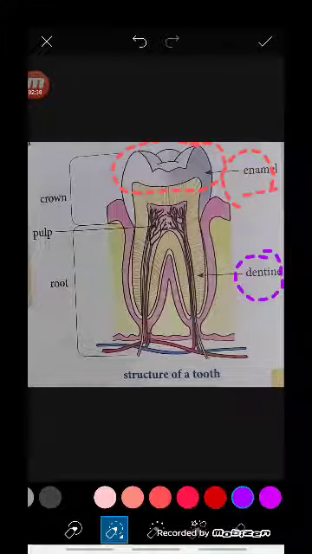And inside the dentine, there is a soft pulp. This portion which you can see is the pulp. It has nerves and blood vessels. Blood vessels carry blood, and nerves are used for carrying the sensation.